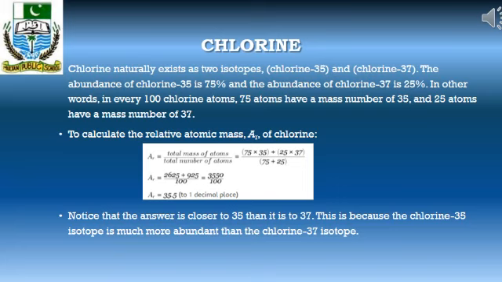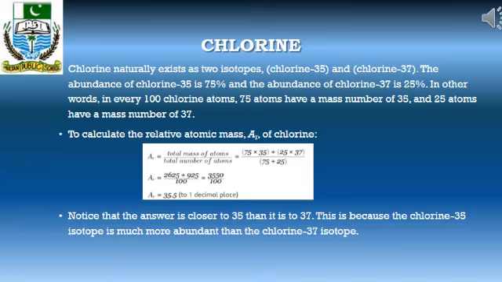So we can conclude from this answer, for our understanding, that the isotope which is more abundant, the value of relative atomic mass is closer to the number of the isotope which is relatively abundant in the sample.